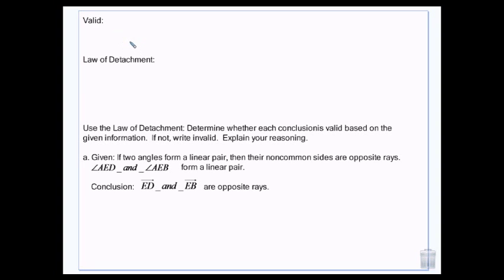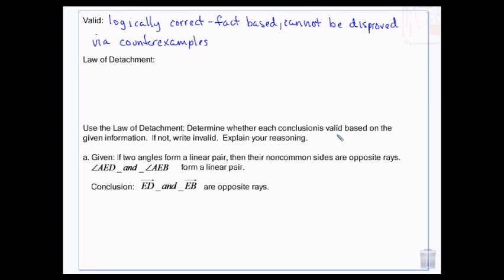To prove a conjecture, we have to use valid arguments. So validity: if you're valid, you're logically correct, you are fact-based, and you cannot be disproved by a counterexample. Like, if your argument is valid, I can't say, oh yeah, well, there was tea in my mug yesterday, so sorry, you're wrong, I don't drink coffee every day. That kind of thing.